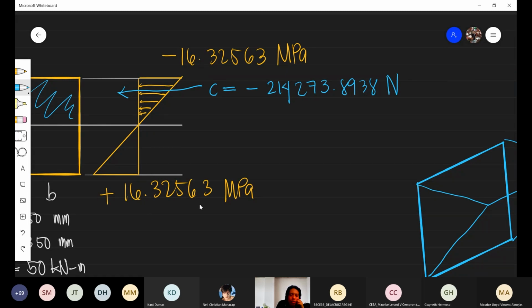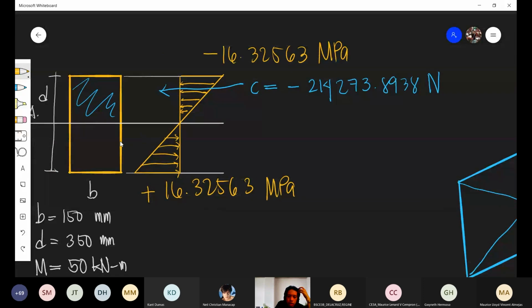The only difference is their direction. Positive iya because it's to the left. To the right it iya direction. Oppositely directed here, di ba? So basically, pareho gihap it ira distance, ini nga area, they are the same, and ang magnitude and mga stresses are also the same.